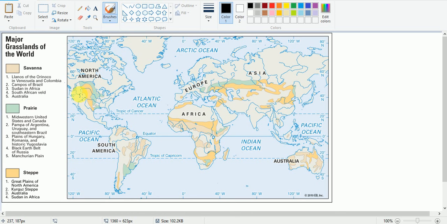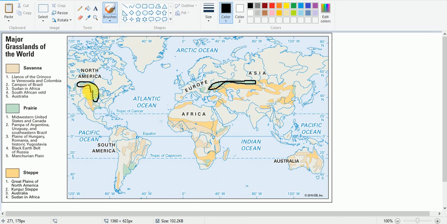See here savanna. For the savanna, see the color code. So this is also prairie. This is also temperate grassland, and this is also temperate grassland known as steppe.